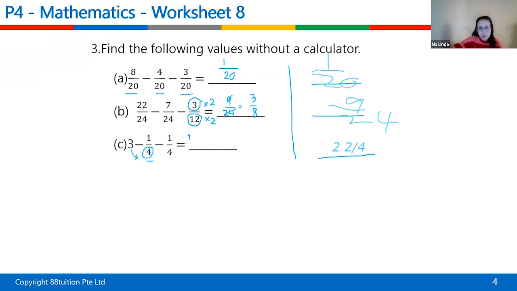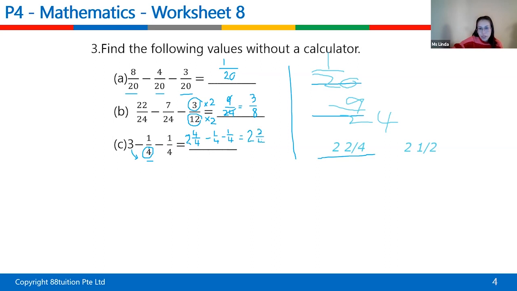So if you take one whole number out, you are left with 2. So basically 2, 4/4. Okay, 4/4 is 1 whole. So 2, 4/4, 1 whole plus 2, you get back 3, right? So just to backtrack, here's 2, 4/4 minus 1/4 minus 1/4. So 4 minus 1 minus 1 will get you 2/4.